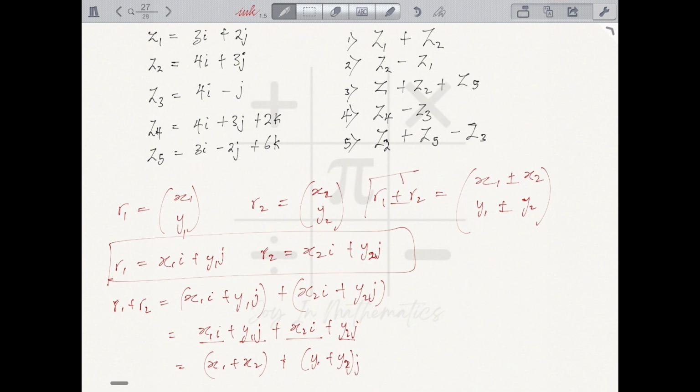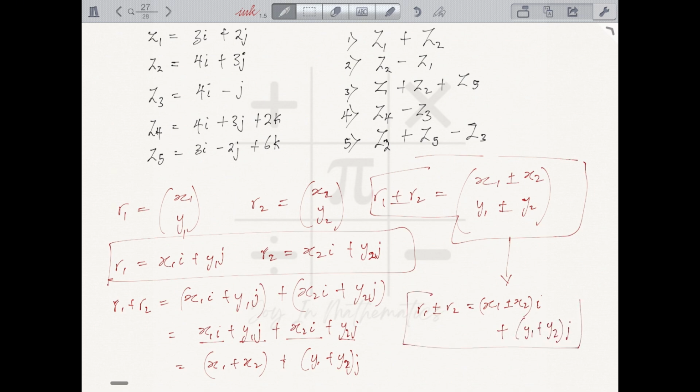Now if we convert this into i and j components using unit vectors, we will have that r1 plus or minus r2 will be x1 plus or minus x2 i, plus y1 plus or minus y2 j.